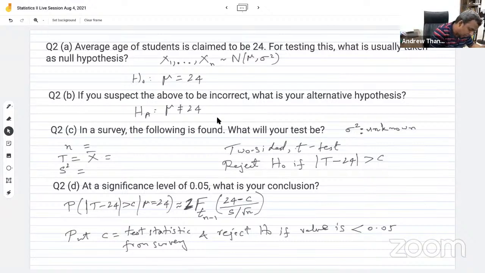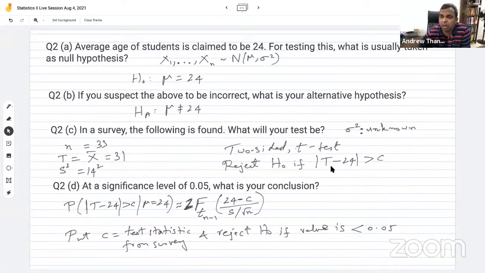My survey were n equals 33, sample mean 31, and variance 14, right? So this is what it is. Sigma squared is unknown here, so I need to do a two-sided t-test. And the two-sided t-test will reject H naught if the modulus of t minus 24 is greater than C. Is that okay? I hope this is clear.